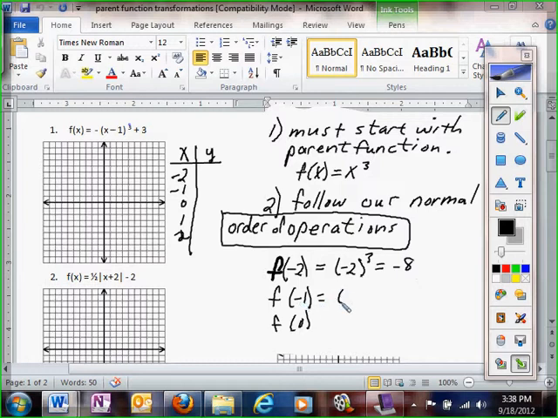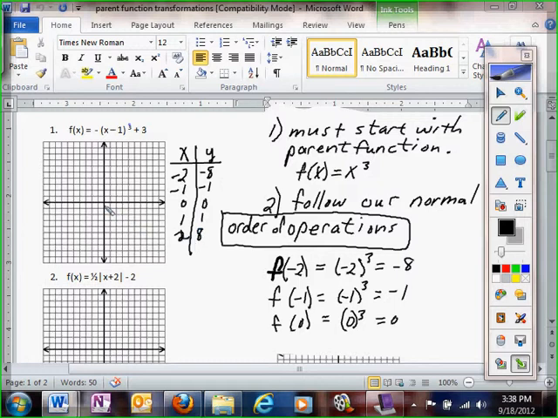Then I have negative 1 to the third is negative 1. 0 to the third is 0. 1 to the third is 1, and 2 to the third is 8. So now I have myself some ordered pairs here that I can plot.